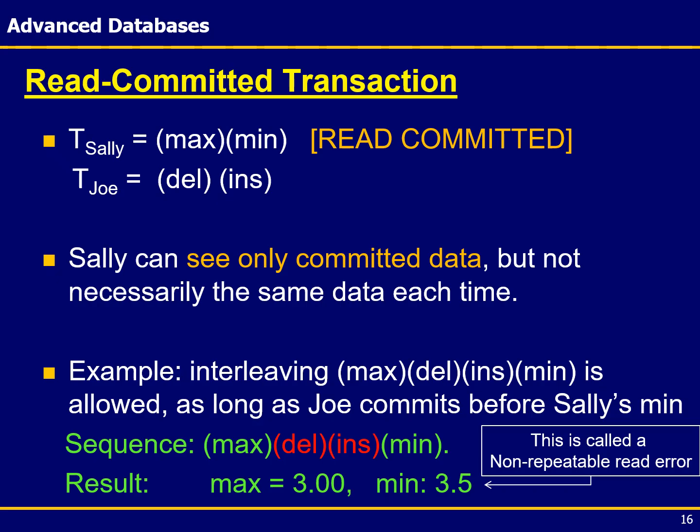Okay? So if you look at the example at the bottom, interleaving max, delete, insert, and min is allowed. Why? Because when we run it in read committed mode, as long as he does not commit, she's not seeing his changes.